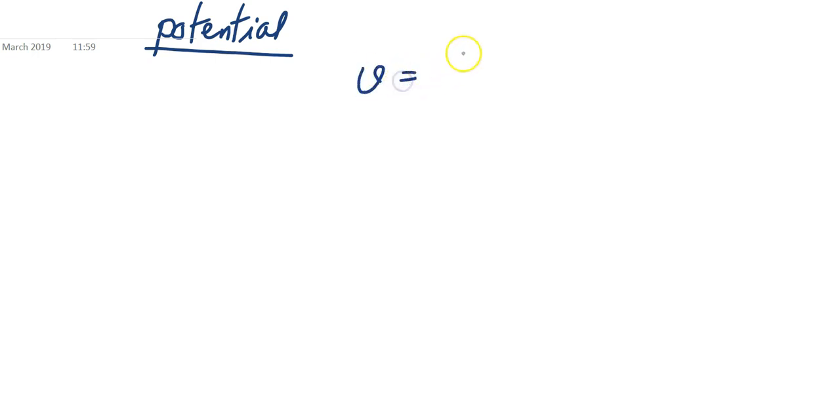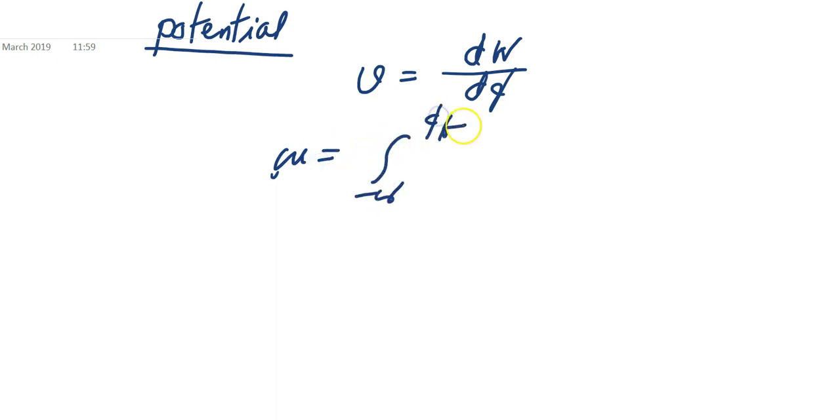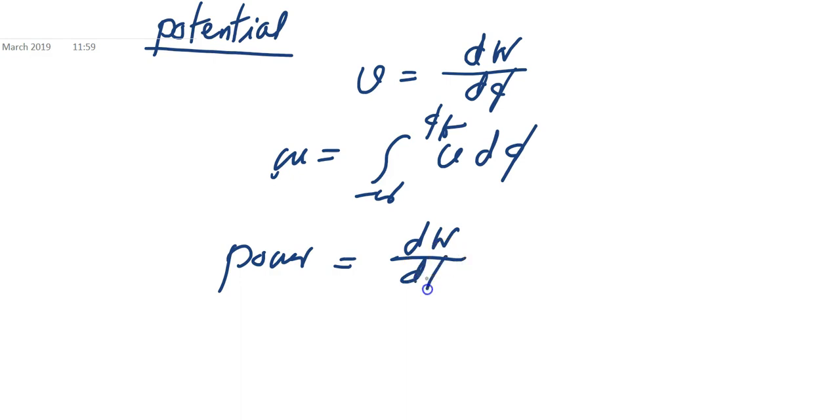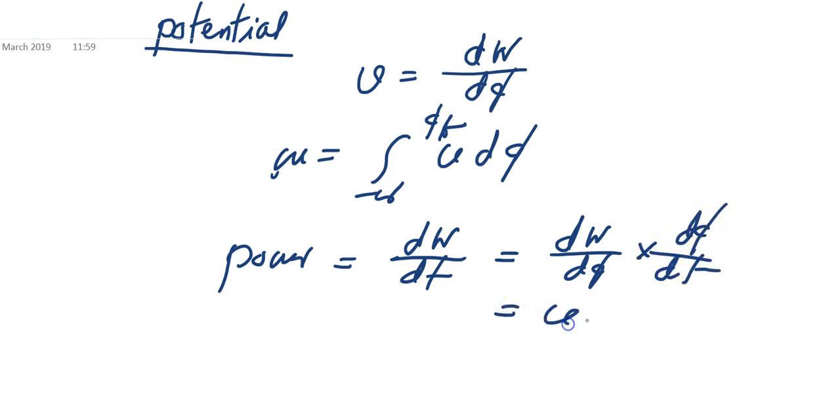We will discuss potential, which is an important parameter for electrical engineering. Potential V is the rate of change of energy with charge, and energy is the integral from minus infinity to final charge of V dq, and your power is the rate of change of energy, dw/dq into dq/dt, which is voltage and current.